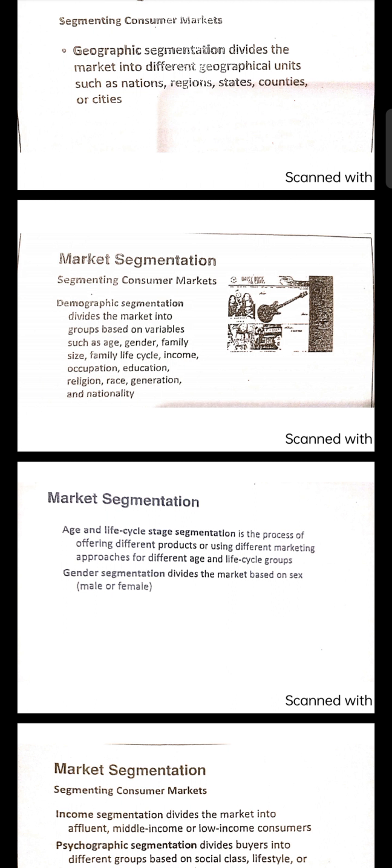If by religion, some food is halal food and non-halal food, so it's a different segment. Some are race groups, for example, some property can only be sold to Malay only, like MCL property, while some property is open for every race to buy. So it could be segmentized by race.